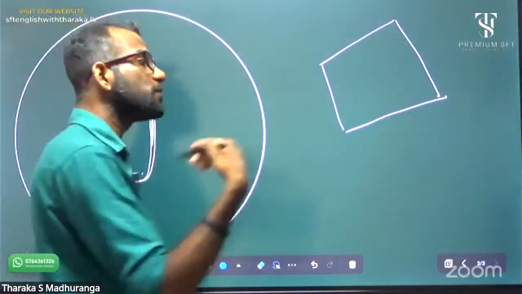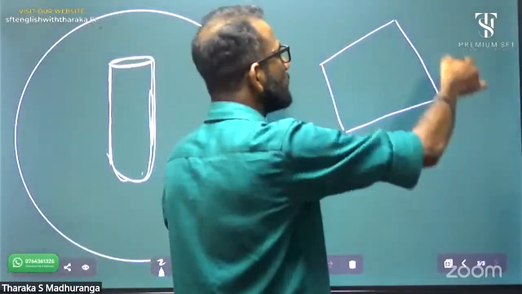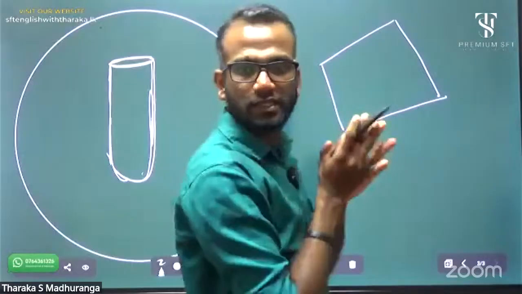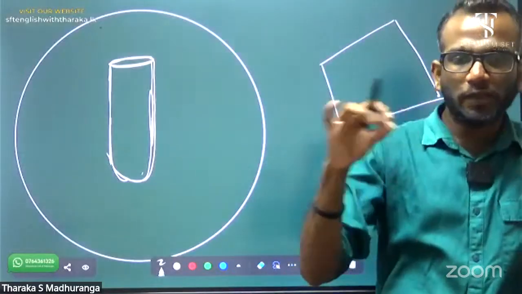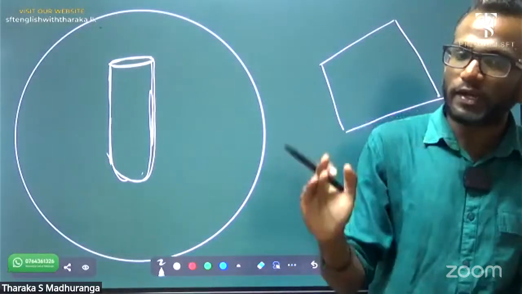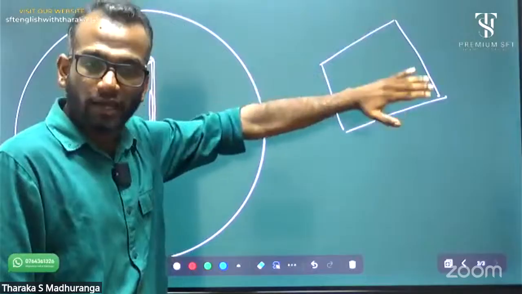Is there any physical barrier? No, there is no specific physical boundary. We have to imagine a virtual boundary.